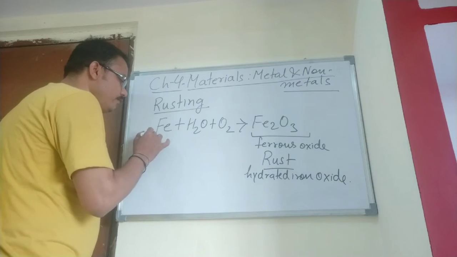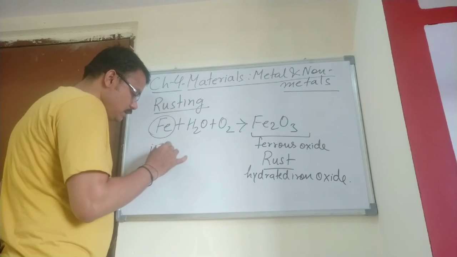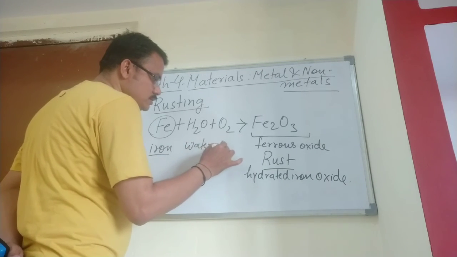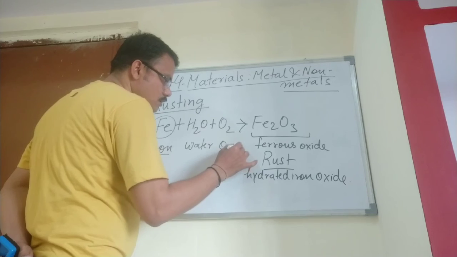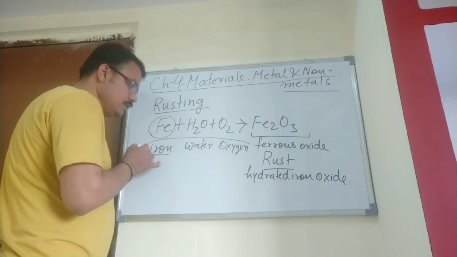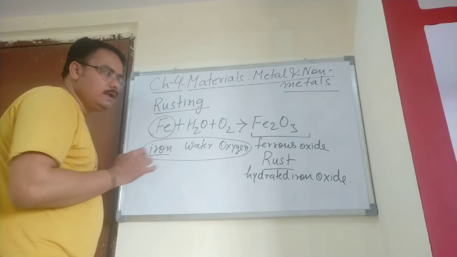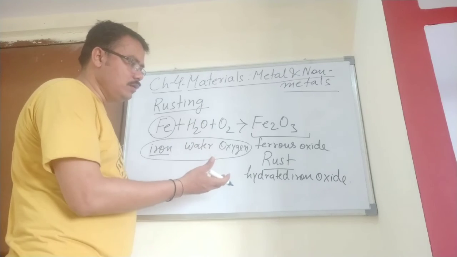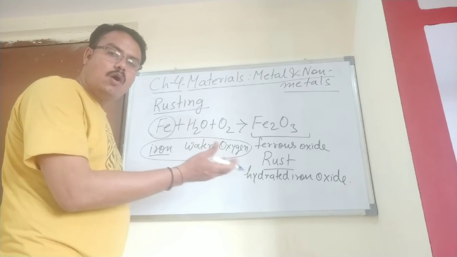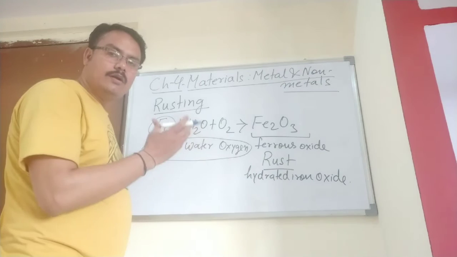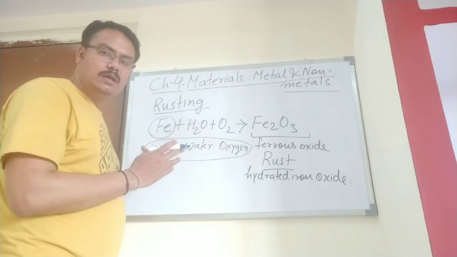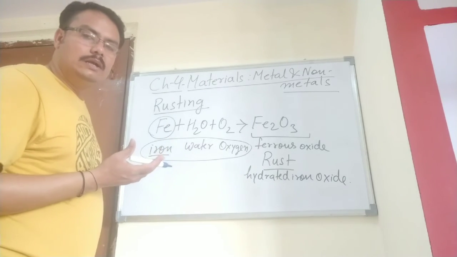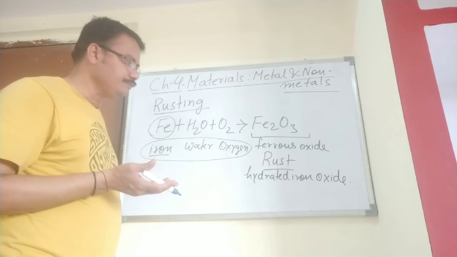Students, you can see ferrous, that is the iron, when it comes in contact with water and oxygen, after reacting of these three, hydrated iron oxide is formed, that is rust, which is reddish brown in colour, that forms on the upper surface of the iron, and the quality of the iron gets degraded.